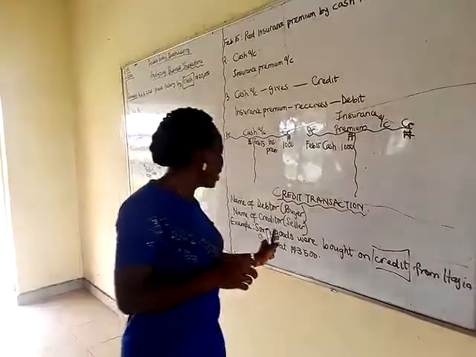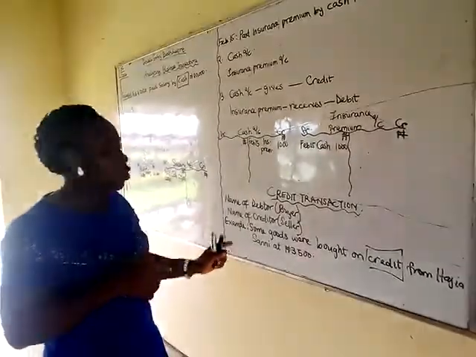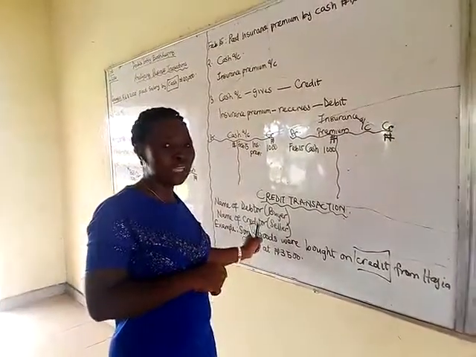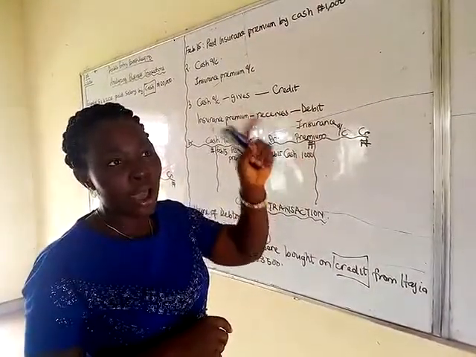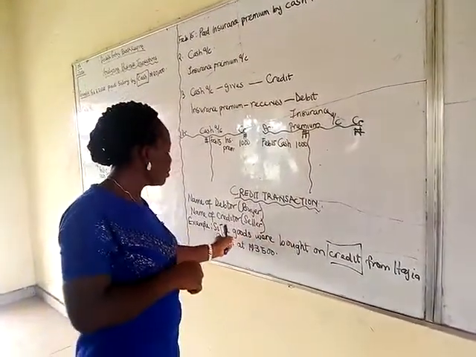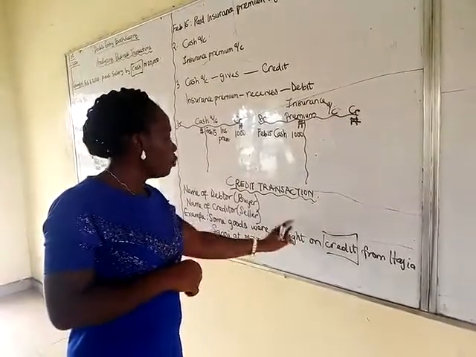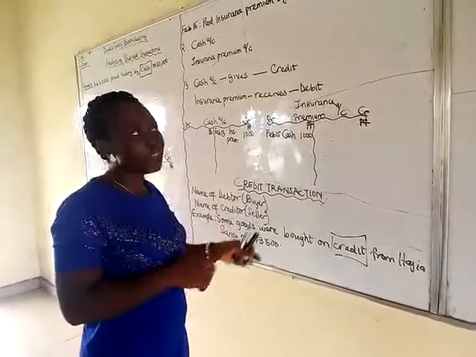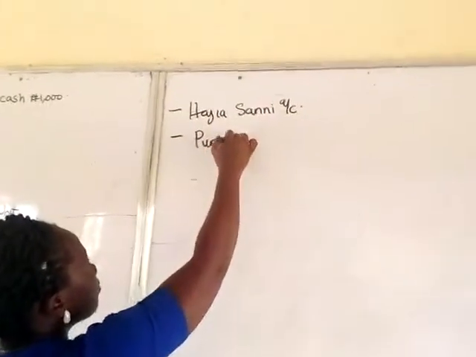If the question says bought office furniture, please don't use purchases or sales. What was bought in that question was office furniture, so the second account will be office furniture account. But as far as this question is concerned, some goods were bought, and when you buy goods, it becomes purchases. So my second account there will be purchases account.